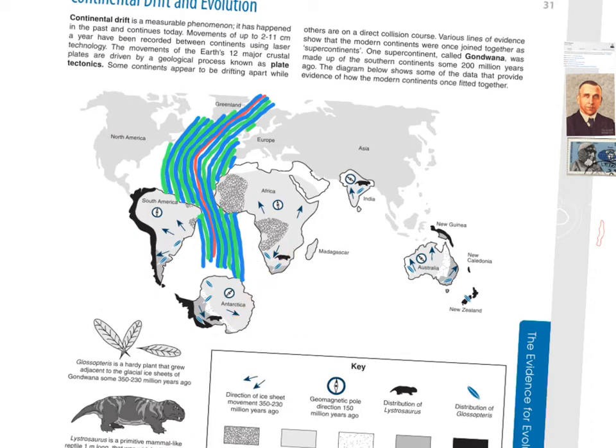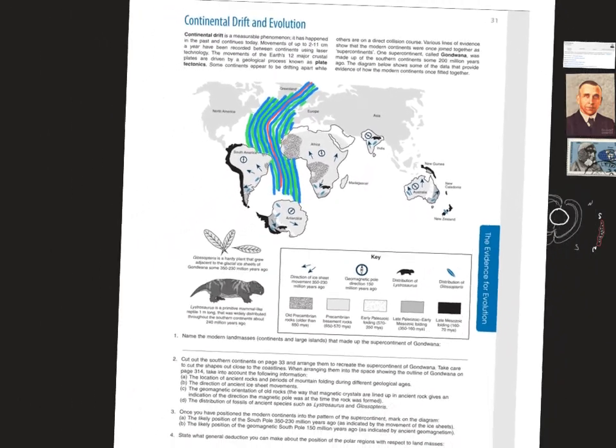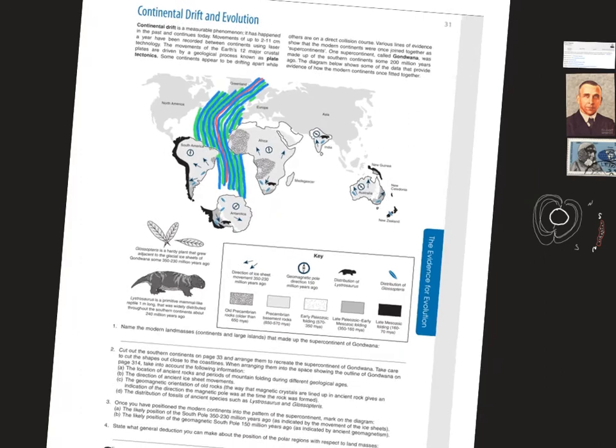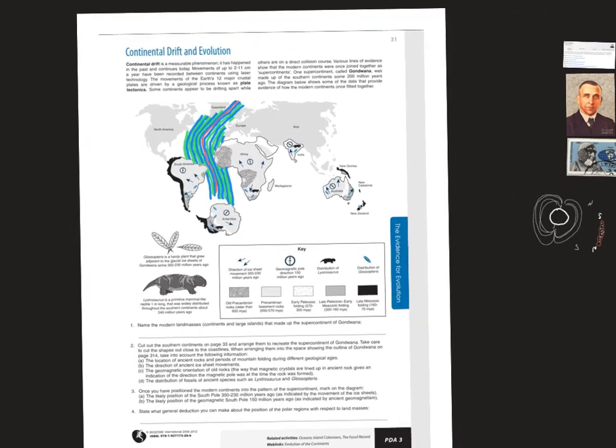Now, if it was just one group or a couple groups of fossils, one might think that they crossed the ocean, like we discussed when we talked about island colonization. But it's not just that; they matched perfectly with the geology and the geography of the land masses. Everything seemed to point to Alfred Wegener's theories being correct.